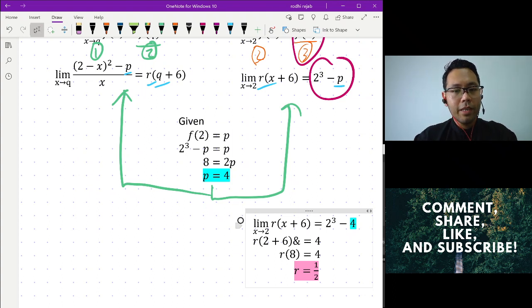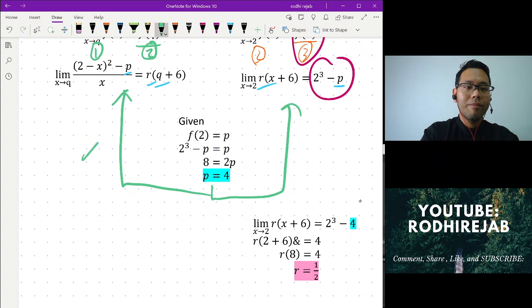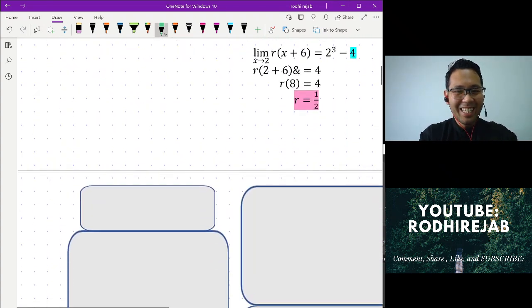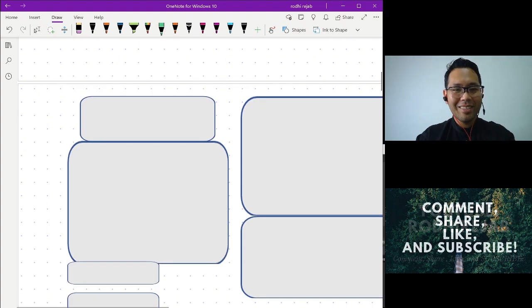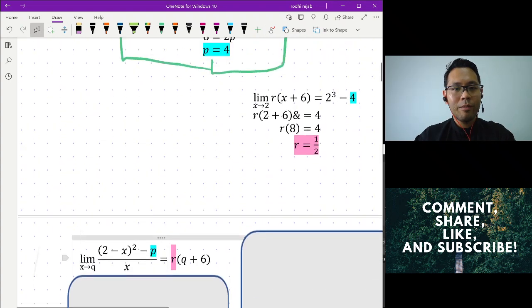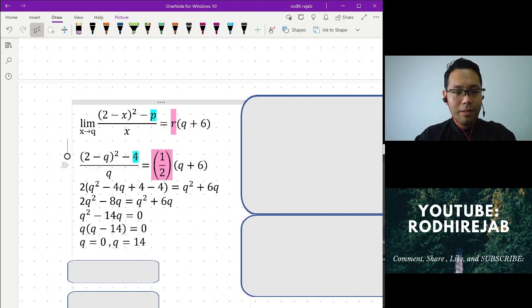Once you solve that, now you substitute into the second equation, the left part. We know P and we know R, just substitute in, and you got here. And you can solve the rest of it.